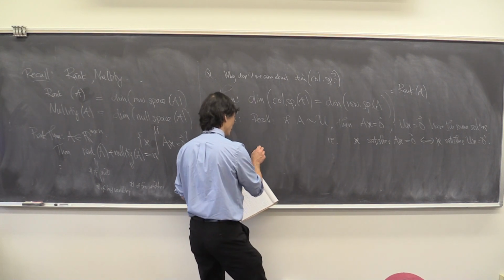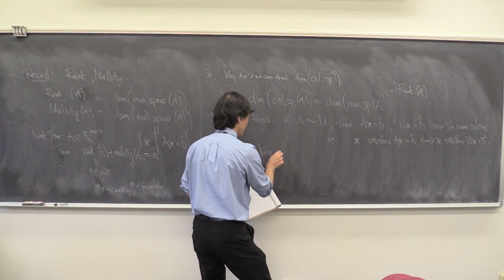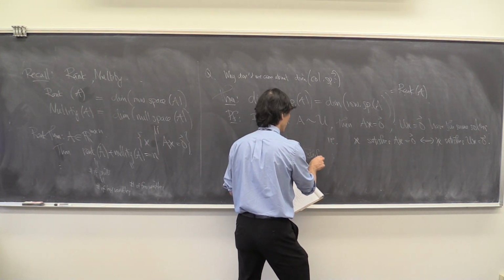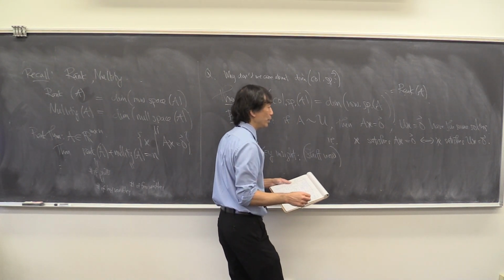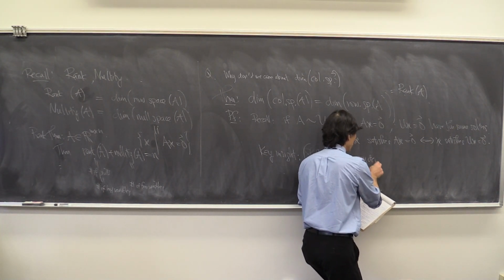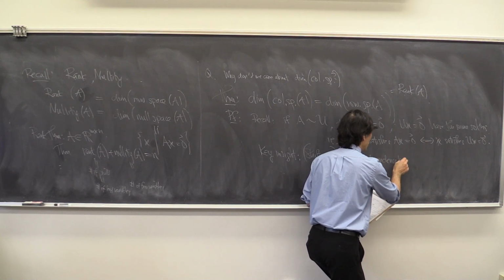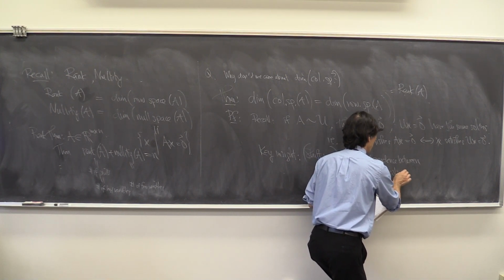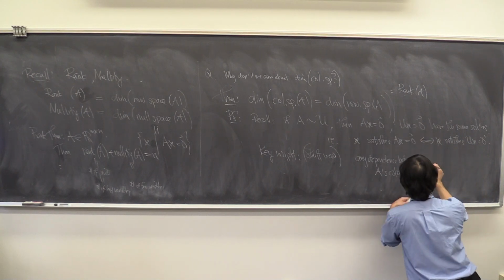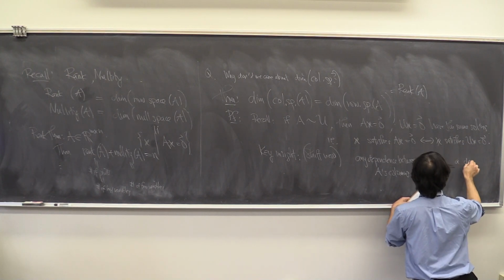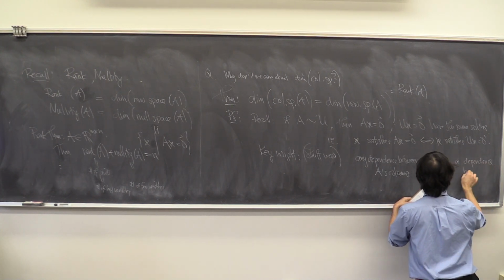But here's the important part. Here's the key insight. We're going to shift the view. What that says is that any dependence between A's columns corresponds to a dependence between U's columns.